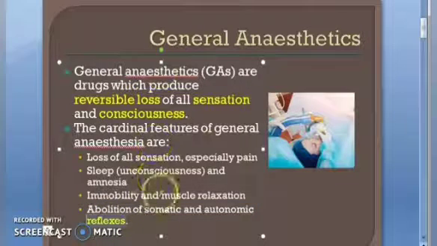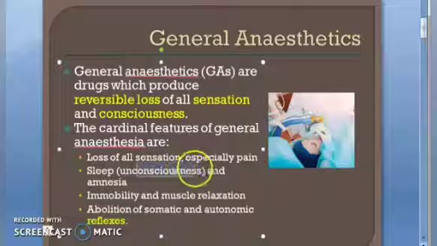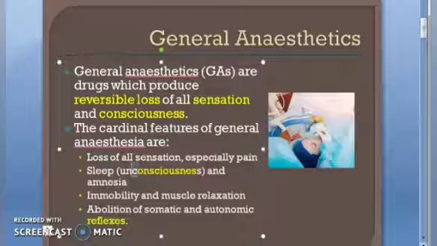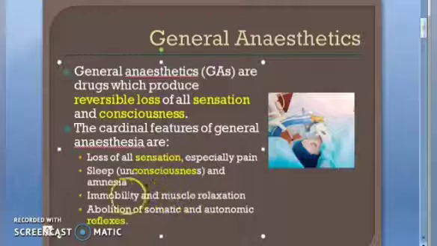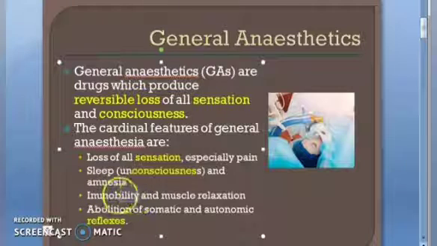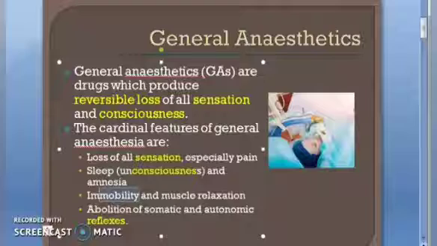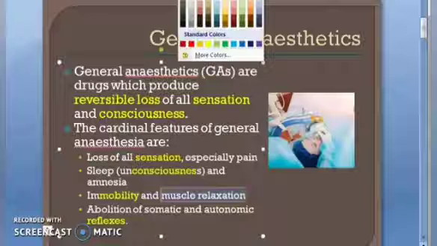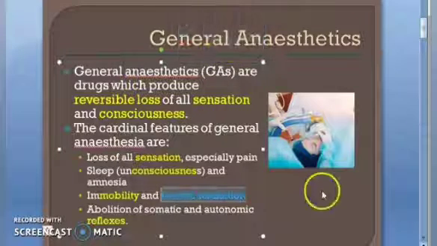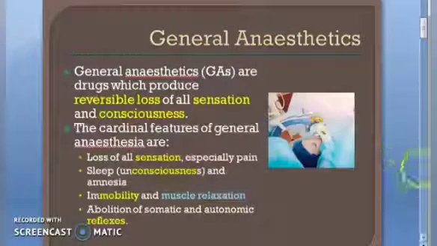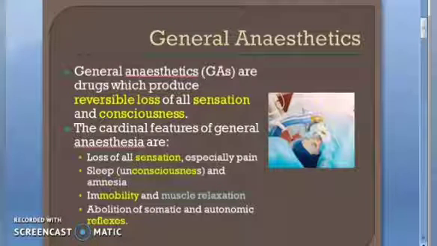So, reflexes are lost, consciousness is lost, sensation is lost, especially pain is lost, immobility, he can't move, loss of mobility you can say, muscles are relaxed, and abolition of reflexes. This is the only kind of different word if you want to put it like this. Got it right? So general anesthesia you have understood.